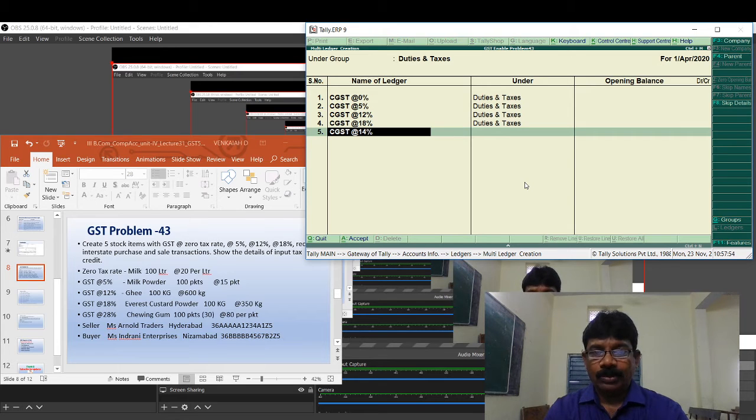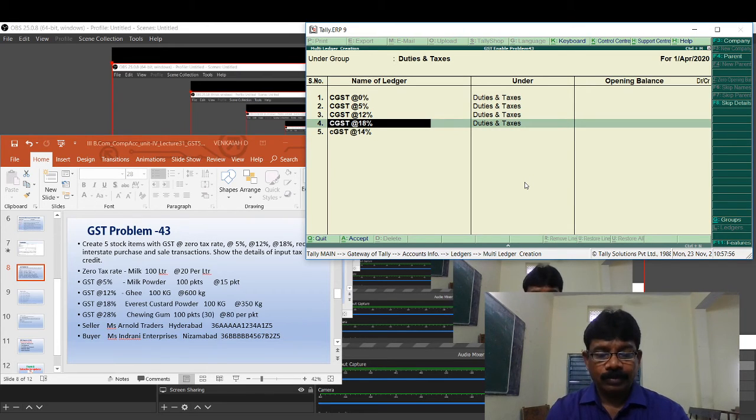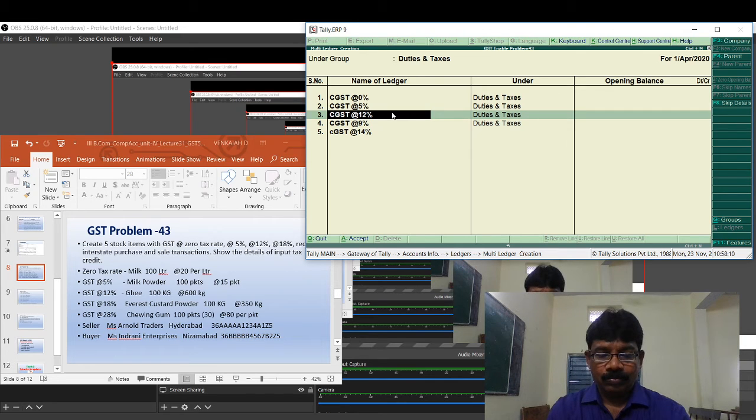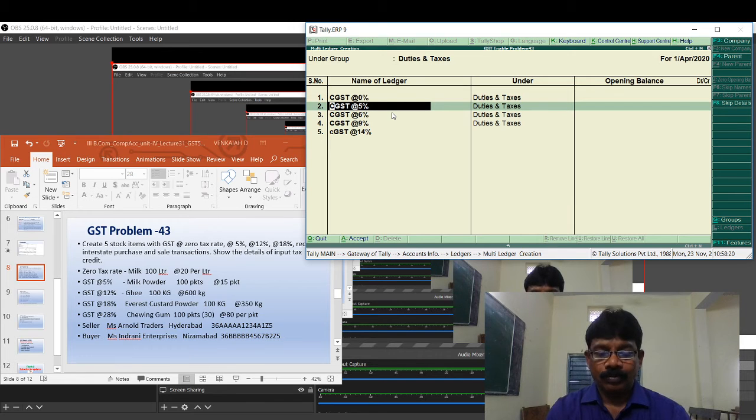We made it wrong. Now we have to do half: 9%, 6%, 2.5%.